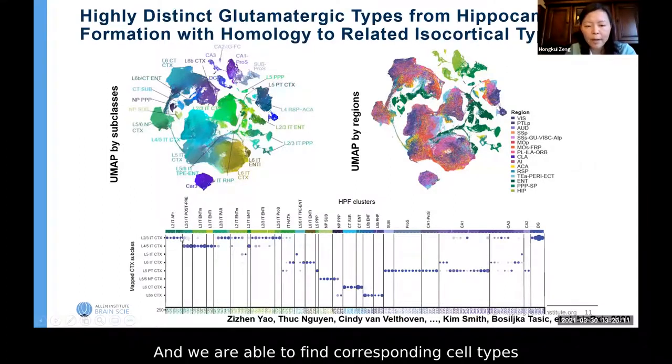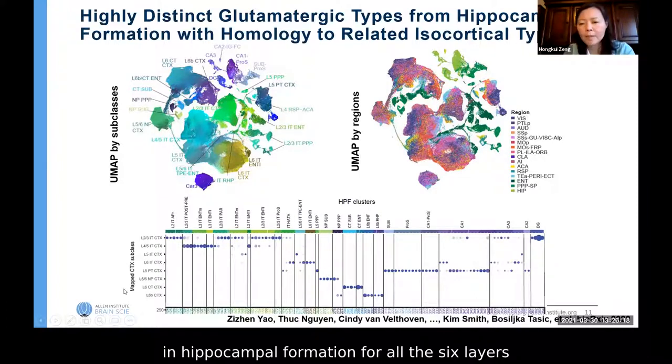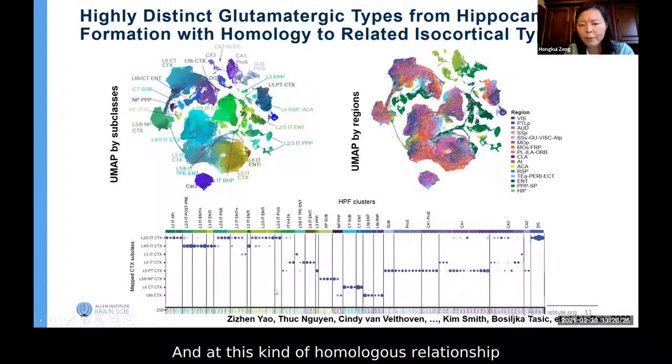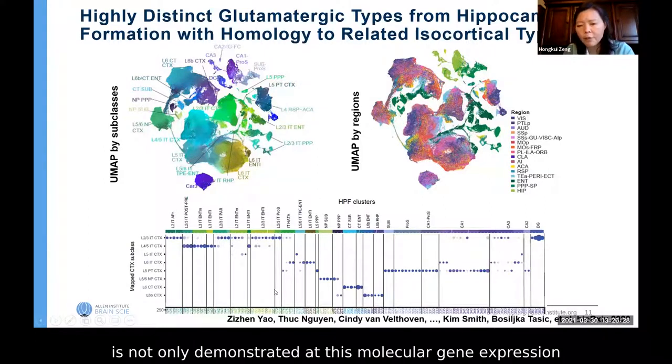We are able to find the corresponding cell types in the hippocampal formation for all six layers of major subclasses of cortex. This homologous relationship is not only demonstrated at the molecular gene expression level.